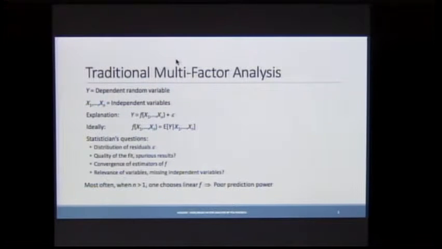I listed the traditional questions that are addressed in many academic papers. The distribution of the residuals, the quality of the fit, how spurious it is, the p-value problem. The convergence of the estimators: f is parametric or non-parametric, how do you converge to the correct f given data?